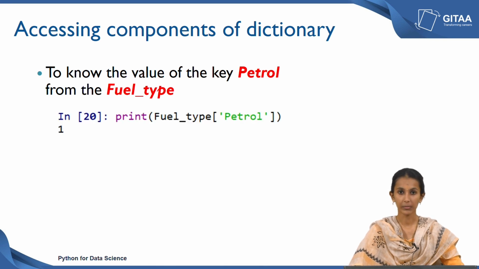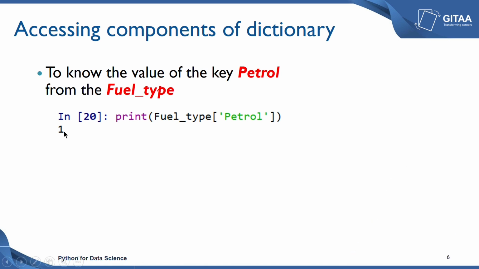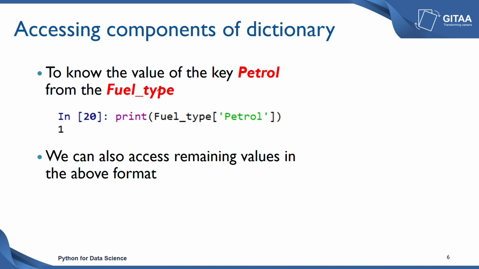I will use the command print fuel_type, which is our dictionary name, and within square brackets I mention the key name, petrol. Once you have done that, you will get an output of 1. Similarly, to access the remaining values, you can use this format.